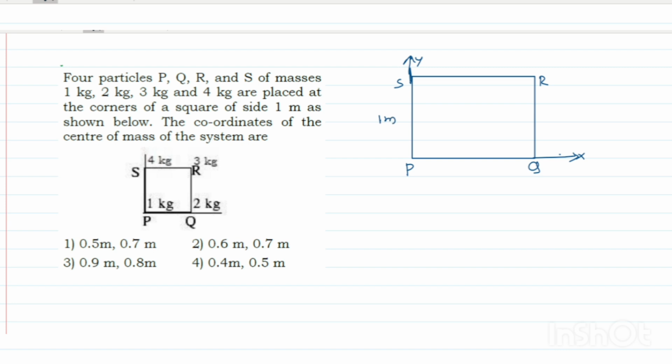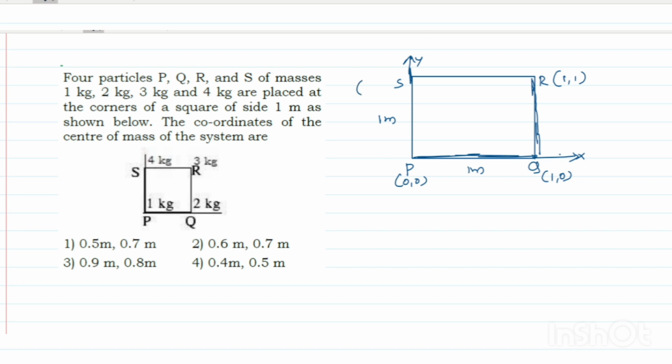Now first you need to identify the coordinates, students. Point P is at the origin, you can take 0, 0. At 1 meter distance, point Q will have coordinates 1 and 0. When you talk about R, along the x-axis it is 1 meter, and along the y-axis also it is 1 meter, so R coordinates you can take as 1, 1.